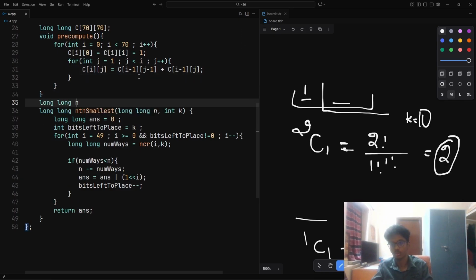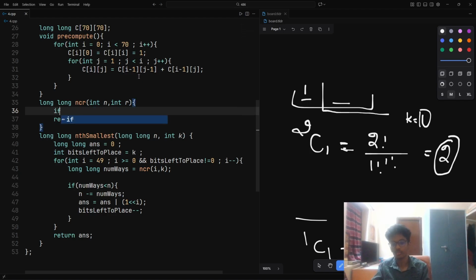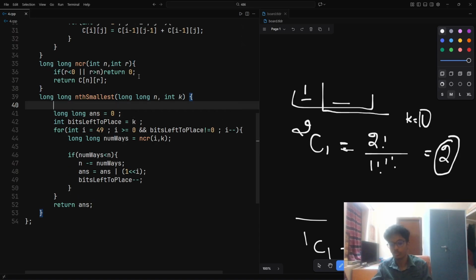Now we need to write long NCR, which should take int n and int r, and this should return c of n comma r. If r is less than 0 or r is greater than n, in that case we'll return 0. And we need to call the pre-compute here.